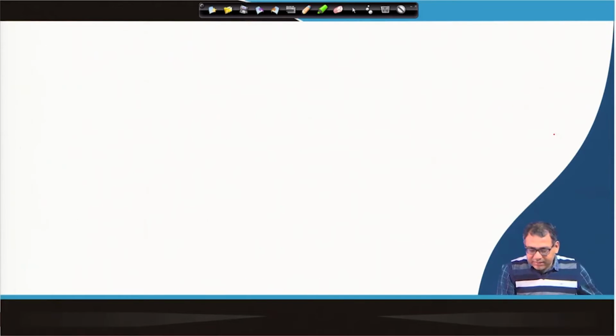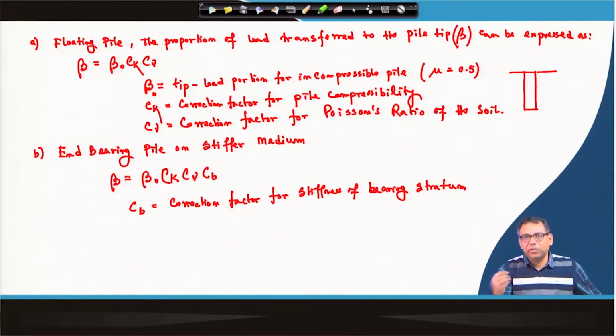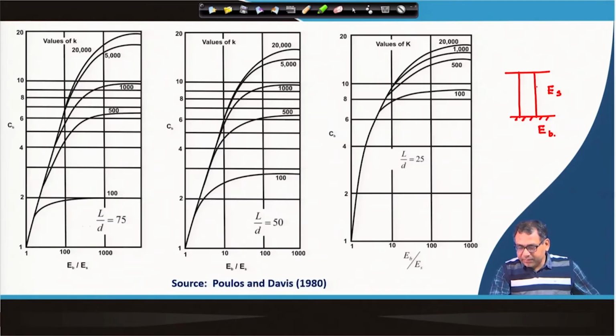And in the previous case, the floating pile means this is the pile which is in a uniform soil, and that soil is extended up to a deeper depth. Okay, so, that is for the floating pile, and here it is resting on a stiffer media, or stiffer strata. So, now this is E b by E s for different L by D ratio.